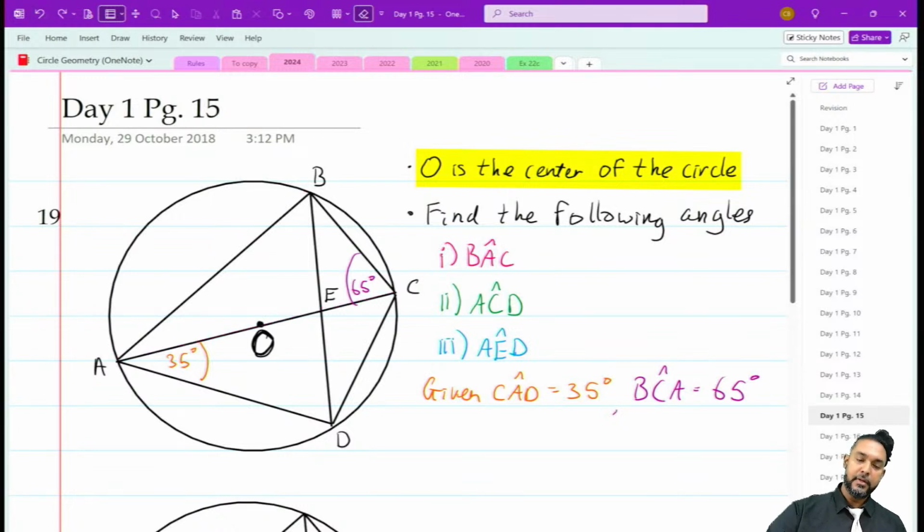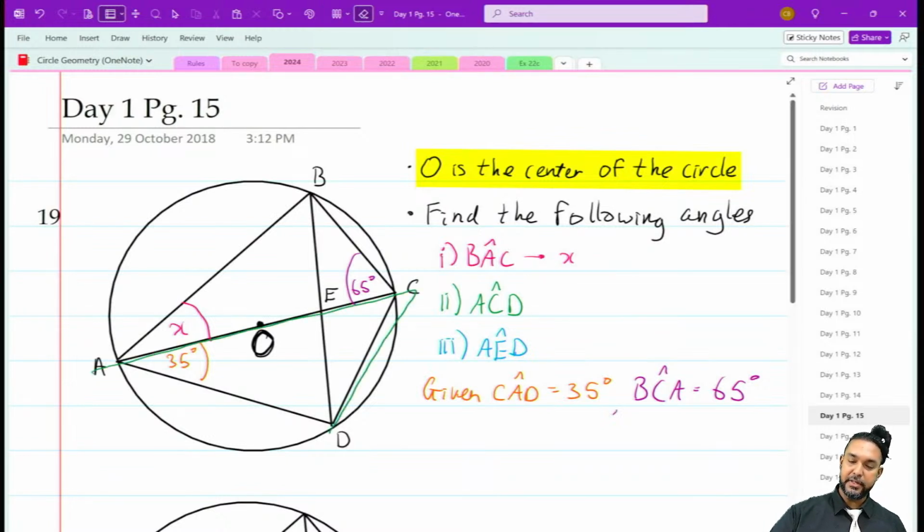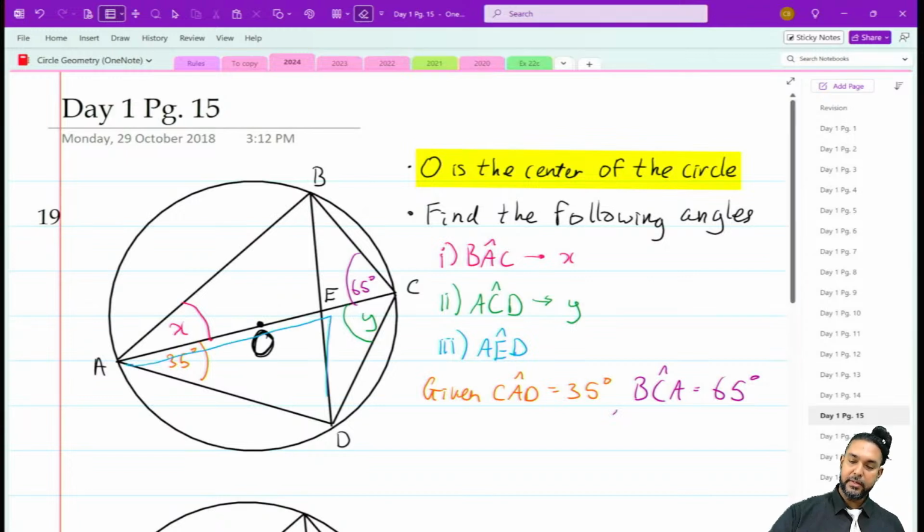BAC means that this angle there is angle X. ACD means starting at A, going to C, then going to D. So it means that this angle here is the angle Y we're looking for. And AED is this angle here, which we'll call Z.